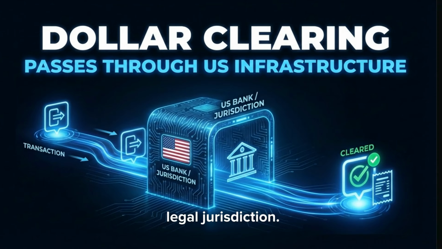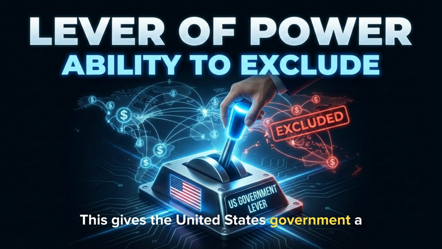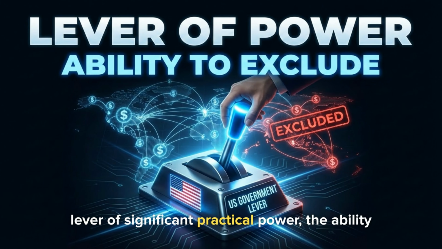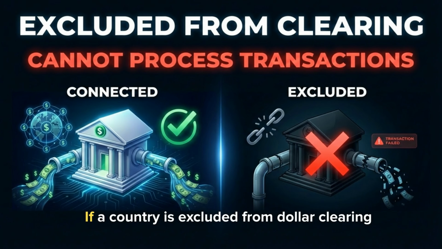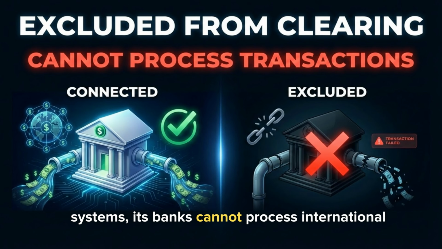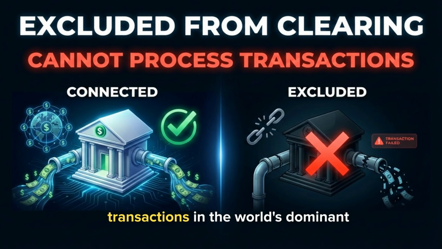This gives the United States government a lever of significant practical power, the ability to exclude a country from dollar-denominated financial infrastructure. If a country is excluded from dollar clearing systems, its banks cannot process international transactions in the world's dominant commercial currency.